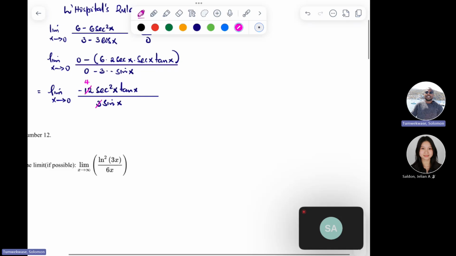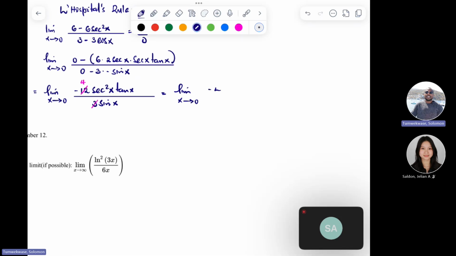And the best thing I can do here is to rearrange this function, so I can say this is the limit as x approaches 0 of negative 4. Now, I know that secant squared is the same as 1 over cosine squared, so this will be over cosine squared x, right?